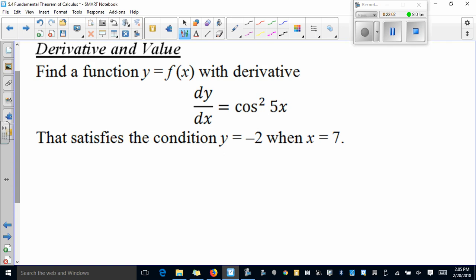And we're just going to write all of this, but we're going to change the x to t. So this is going to be cosine squared of 5t dt. And when the limits of integration are exactly the same, I want my answer to be -2. So -2, because at 7, this whole thing here will go to 0.